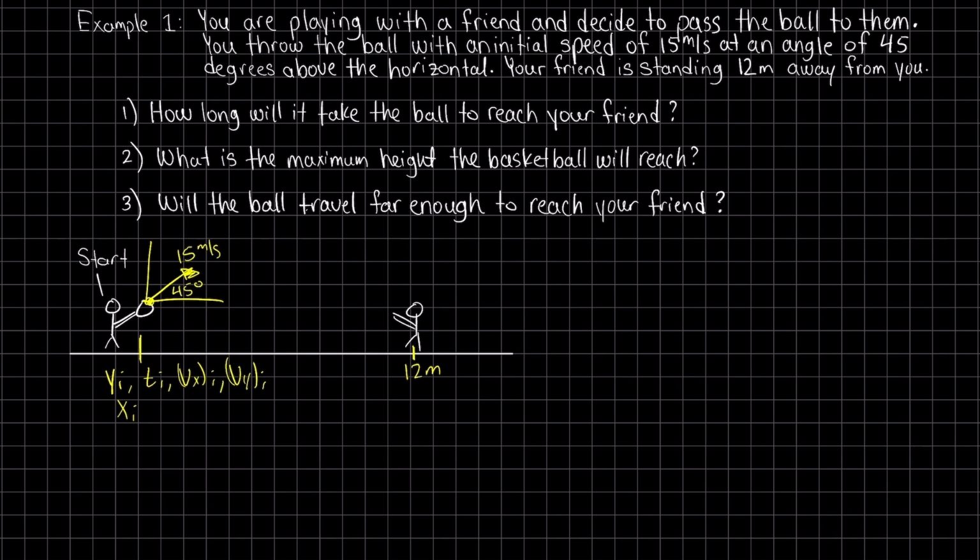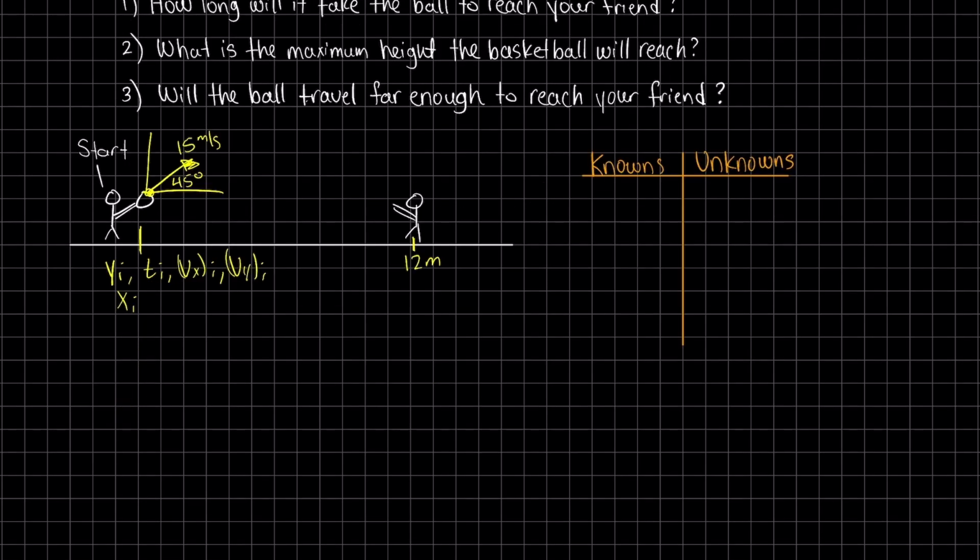So with this in mind, let's go ahead and create our knowns and unknowns. Since this object is being tossed in the air, I know that vertically, my acceleration is just minus g. Because this object is thrown, it has an initial velocity in both the vertical and the horizontal. We can figure out the initial velocities in the horizontal and the vertical by finding the components of the velocity.